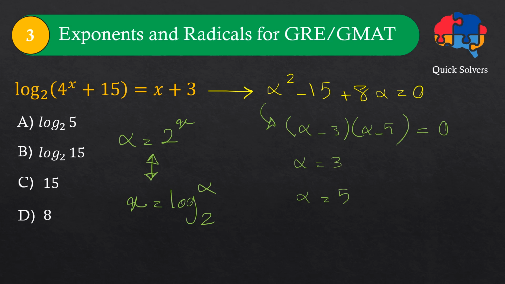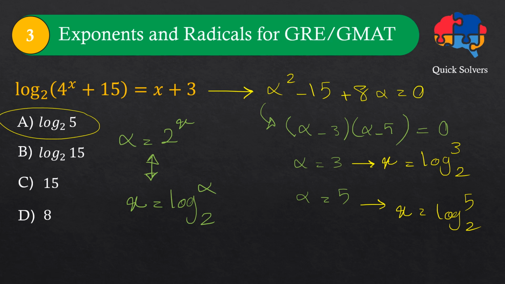And this is telling me that if alpha is 3, then x is log base 2 of 3, and if alpha is 5, then x is log base 2 of 5. Either this is correct or this is correct, so we need to check the choices that we have, and you see that the first one matches this one, so we found the answer.